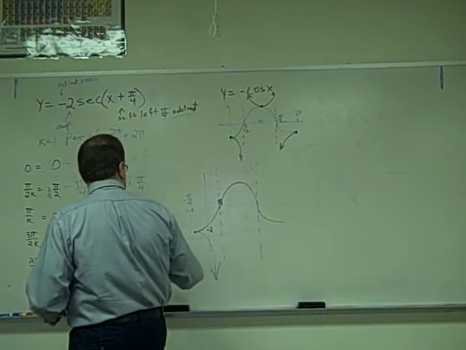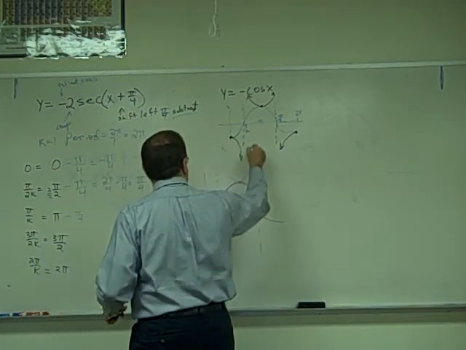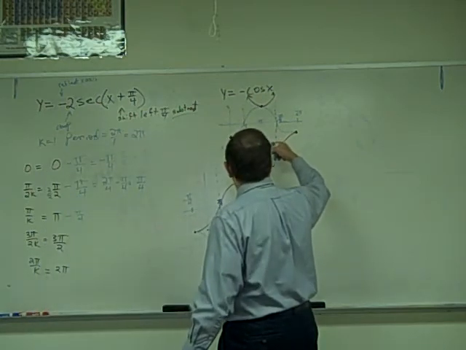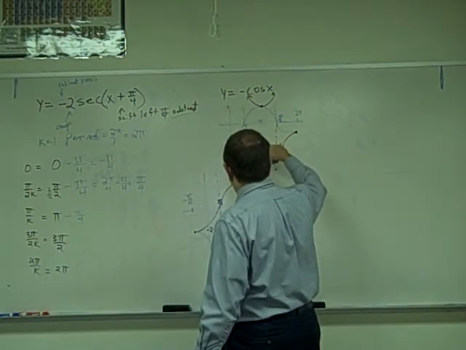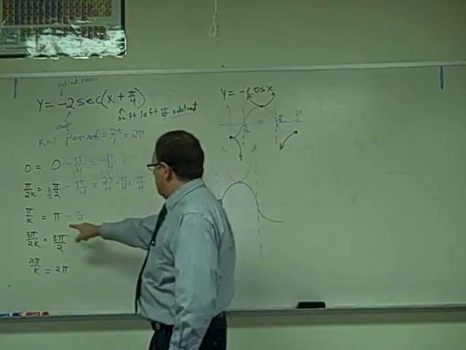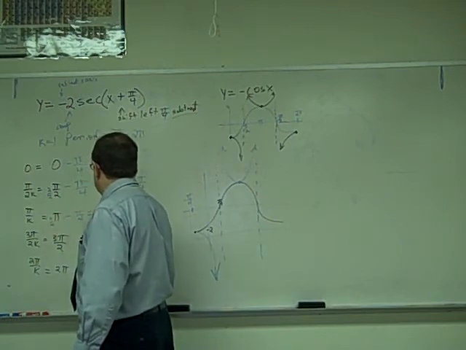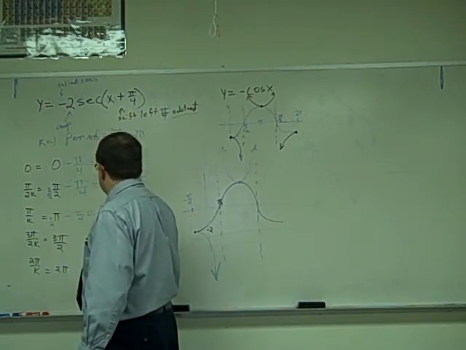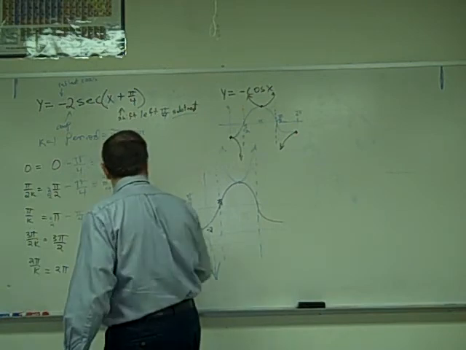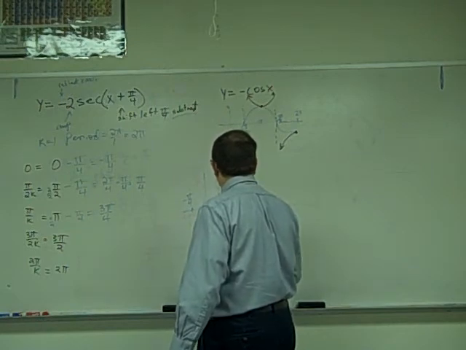Alright, and so it's going to come up here. But we need to know where it peaks out at now, right? So we take pi, and we're subtracting pi over 4 from that, so that'd be 4 over 4, and we get what? 4 pi minus pi? 3 pi over 4. So now here it peaks out at 3 pi over 4.